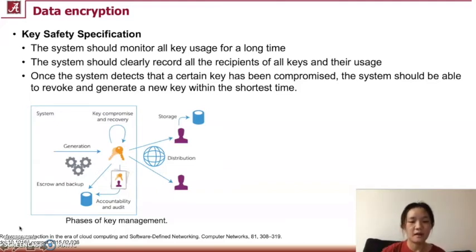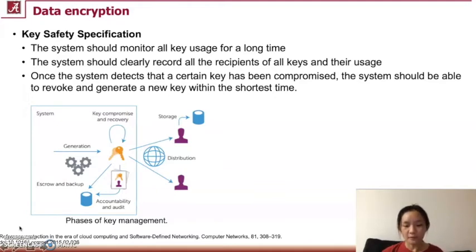And the last one, once the system detects that a certain key has been compromised, it should be able to revoke and generate a new key as soon as possible.